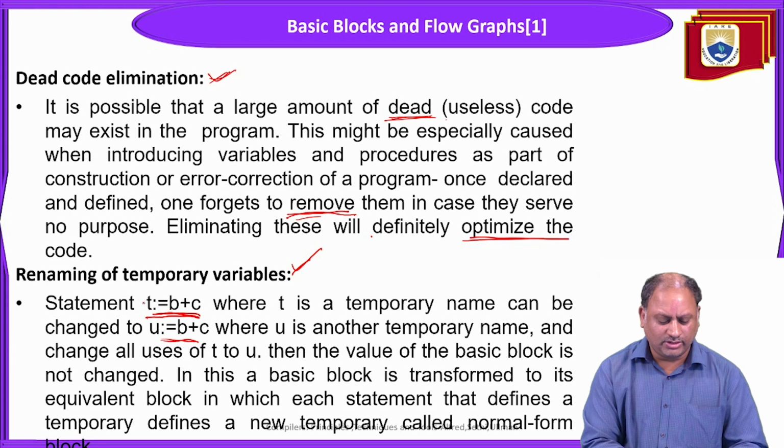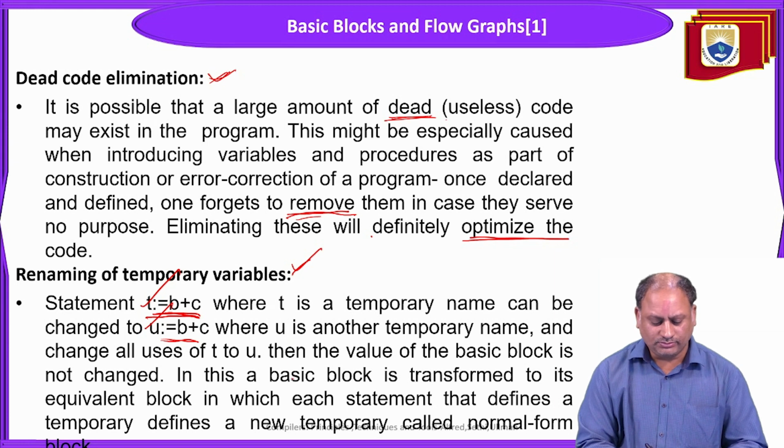That means a temporary name t is changed to another temporary name, and we are going to use that u in several ways. The value of this basic block doesn't change, so the transformation is equivalent: each statement defines a new temporary, called a normal form block.